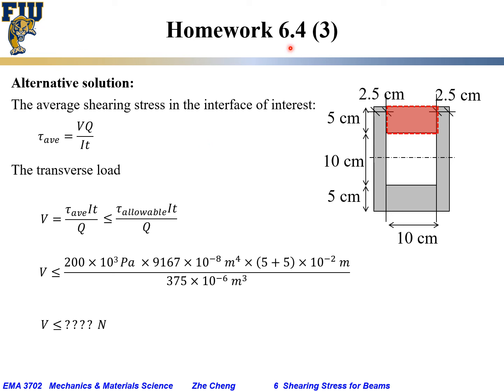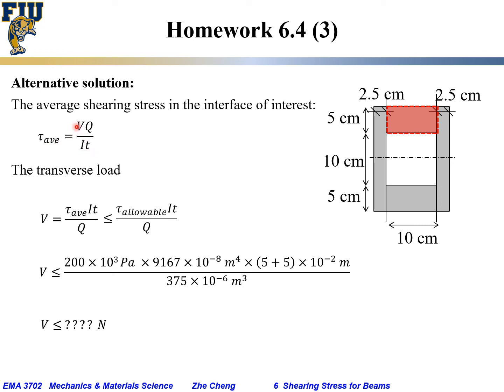Finally, for 6.4, there is another approach, or so-called alternative solution. We don't have to calculate so-called shear flow, but let's just use another factor that we learned in this chapter 6, which is average shearing stress in the interface of interest. We said the interface of interest would be here, and here. In the interface of interest, tau average would be VQ over IT.